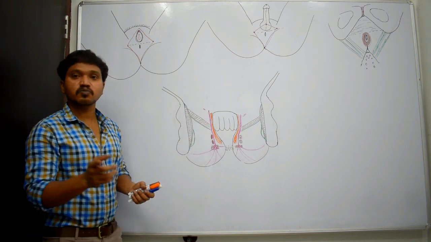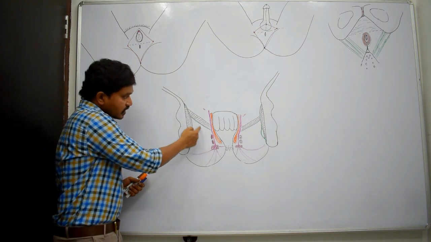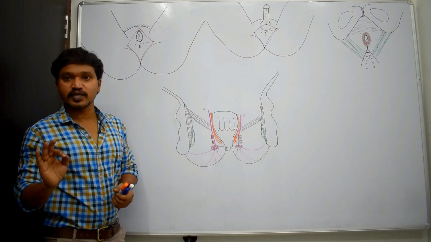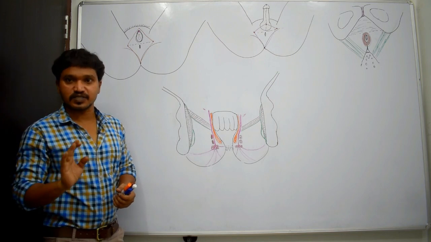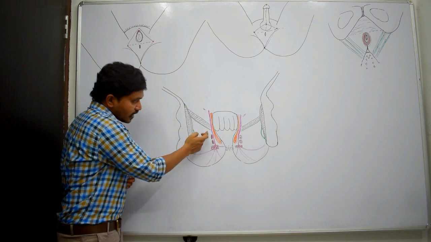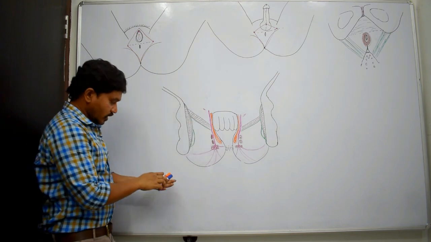Now, we will see one more fascia which is lining the ischiorectal fossa. What is that? Fascia lunata or lunate fascia, which lines the obturator fascia and anal fascia, right?